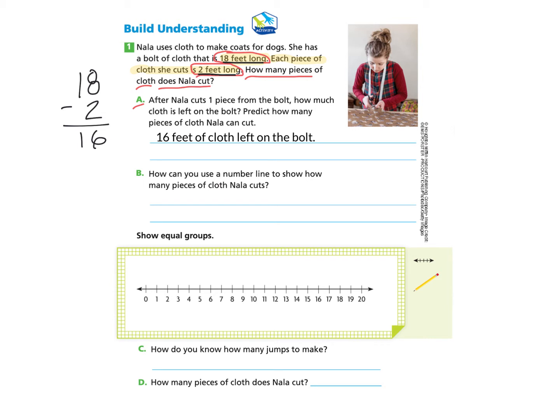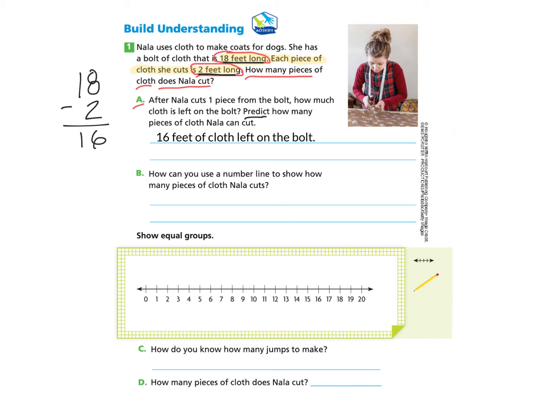And then it asks us to predict, which means make a guess. Predict how many pieces of cloth Nala can cut. And so you can make your best guess and put that in there. You'll notice we're taking away 2. So maybe you want to count by 2s to see how many 2s it takes to get to 18.